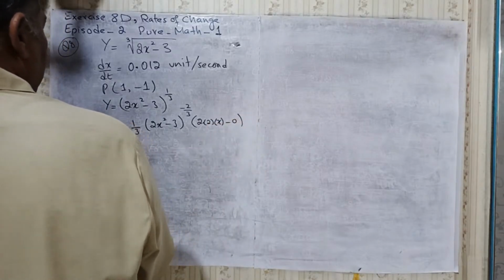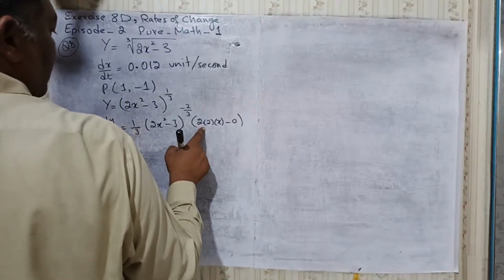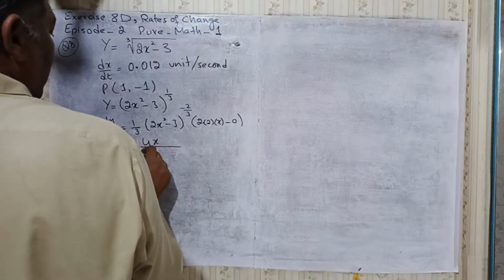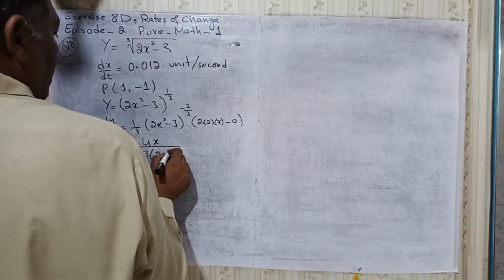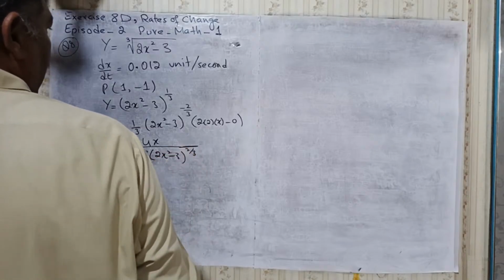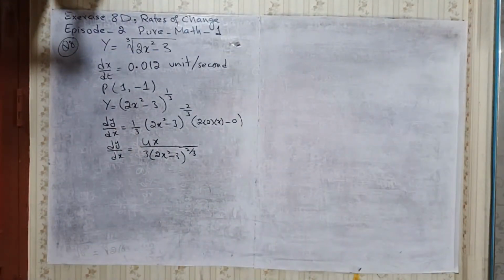So dy by dx becomes 4x divided by 3 into (2x squared minus 3) raised to power 2 by 3. This is how you will differentiate this.